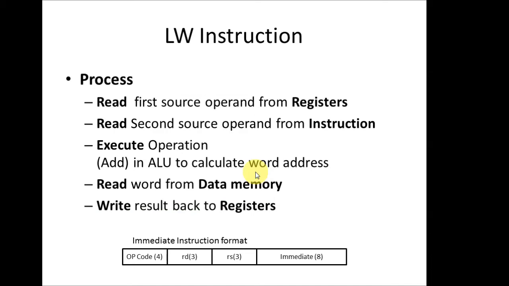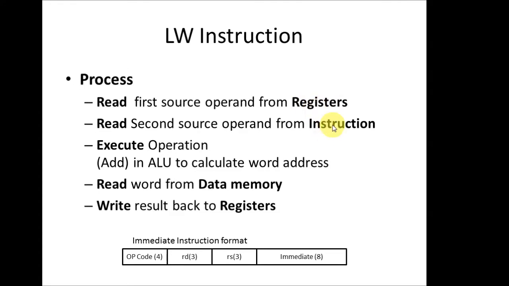For the LW instruction, things get a little more complicated. The first source operand should come from the registers. The second source operand should come from the instructions. So just like an immediate instruction format, we're using the execute operation, or the add operator in the ALU, to calculate the word address, because the first source operand is a pointer to a location in memory.